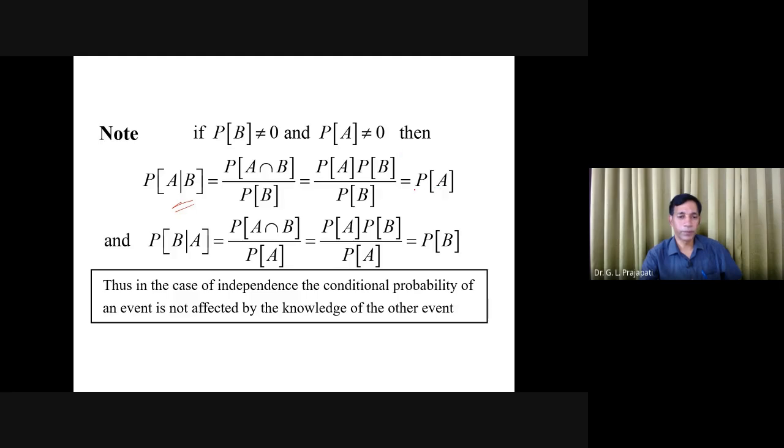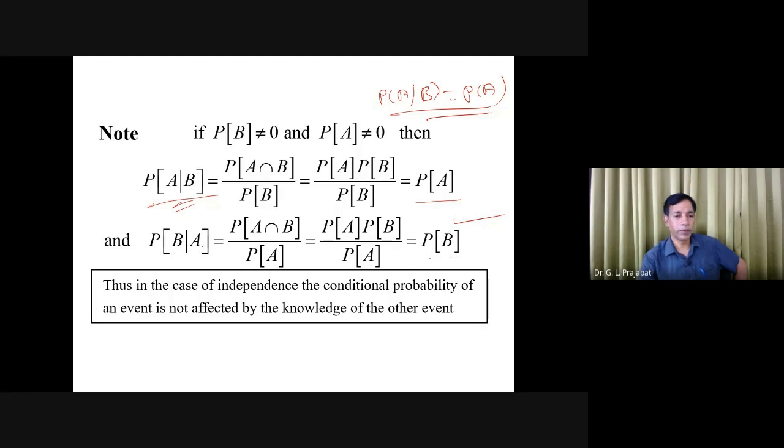This is probability of A. So probability of A given B is equal to probability of A. It is not going to change.